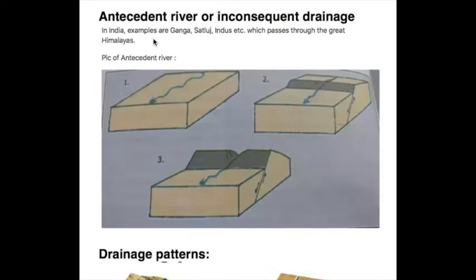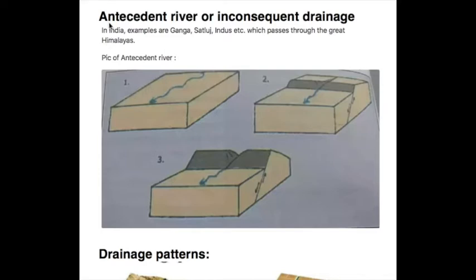The only difference is that in the first diagram there was a river like Ganga, and once there is a fault or some geological tectonic disturbance in the area, the river starts cutting down, and the river has also changed some of its paths or eroded beneath the mountains coming out in its path. So that is antecedent.